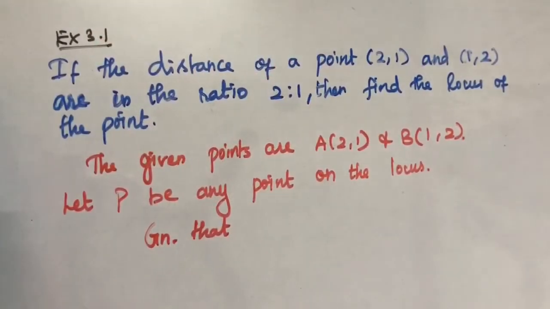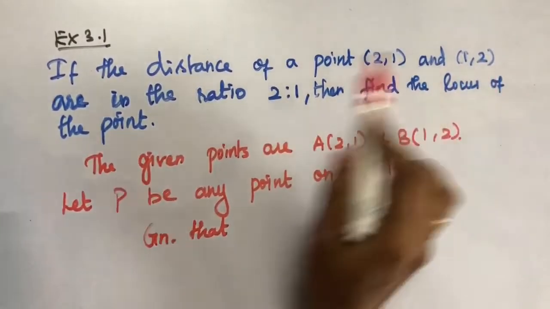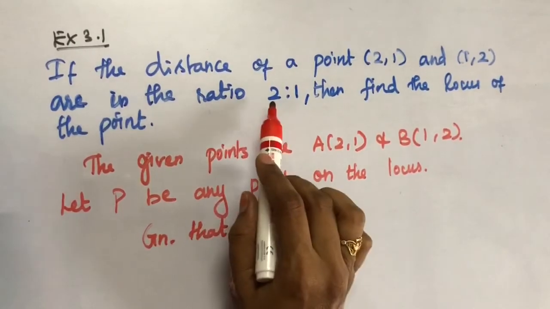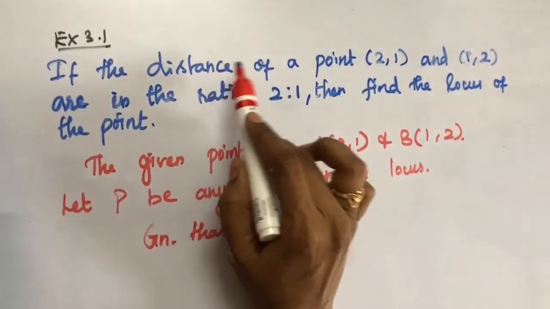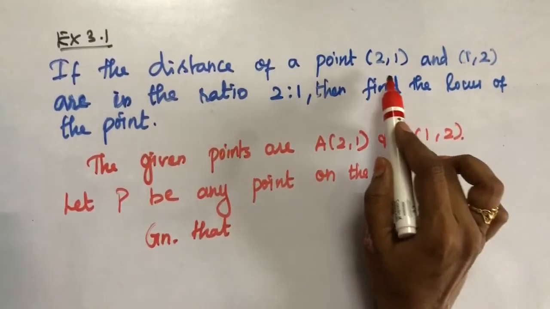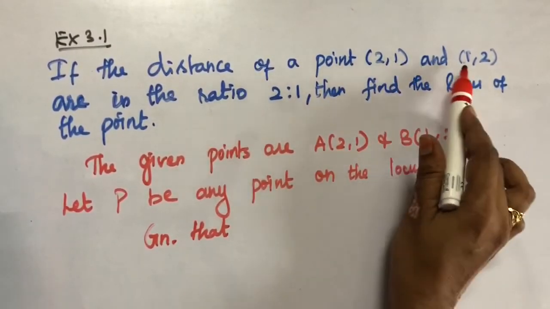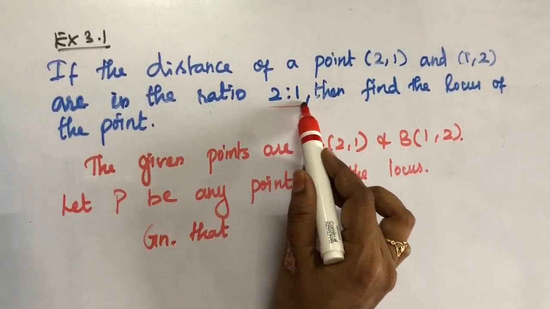If the distances of a point from 2 comma 1 and 1 comma 2 are in the ratio 2:1, then find the locus of the point. The distances of some point P from these 2 points, (2, 1) and (1, 2), are in the ratio 2:1.